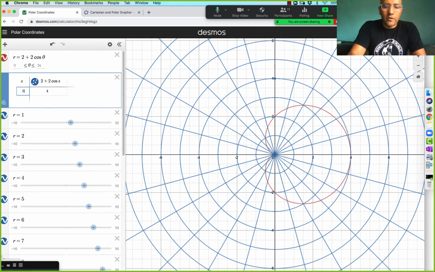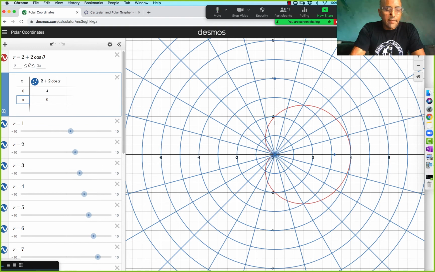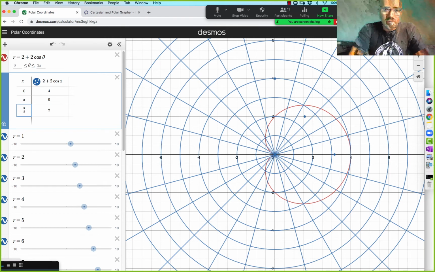Okay, so let's see. If I put in a 0, we get a 4. And if we put in pi, pi gives you the 0, good. And pi divided by 2 gets you to 2. Okay. So as you can see, it's not going to match up perfectly well. Why doesn't it match up? At any rate, I don't want to do this then.